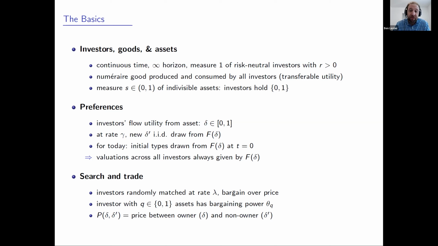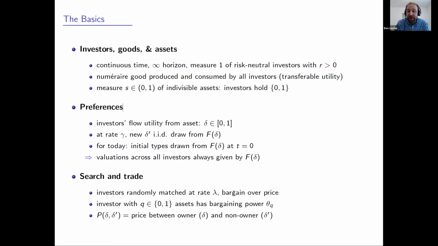And again, in the simplest version of this model, we're going to assume that investors hold either 0 or 1 unit of the asset. So when you own a unit of the asset, you get some flow utility, which we're going to denote by delta. And at some Poisson arrival rate gamma, you're going to draw a new delta from some distribution that we're going to call f of delta. Now, again, I'm going to try to write down the simplest version of this model.